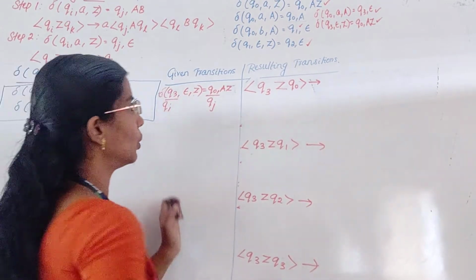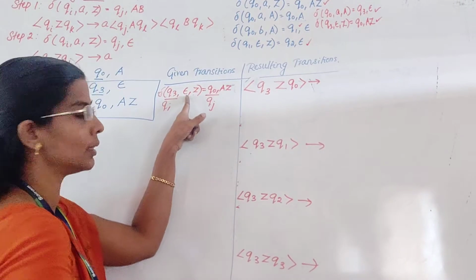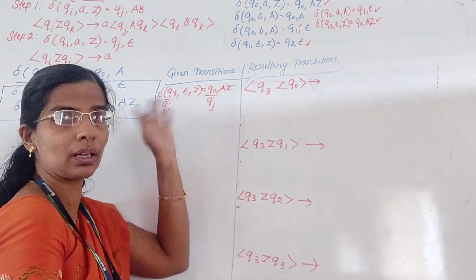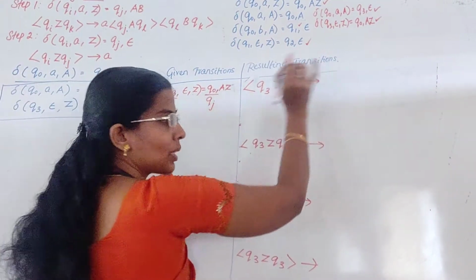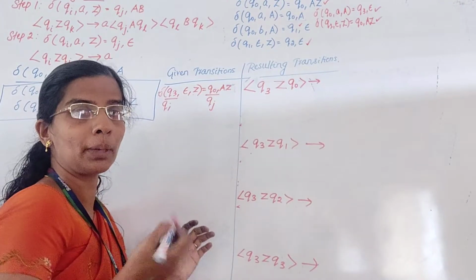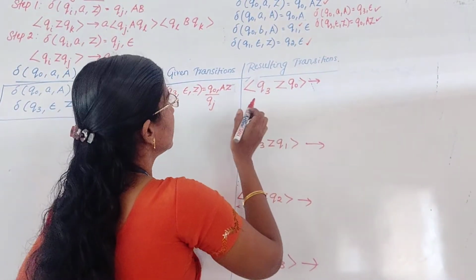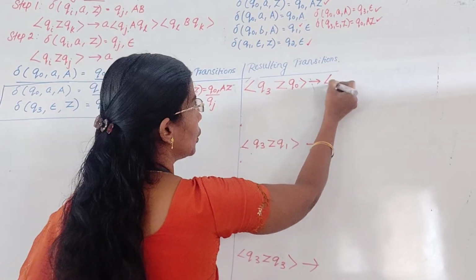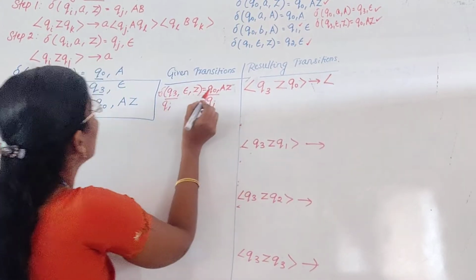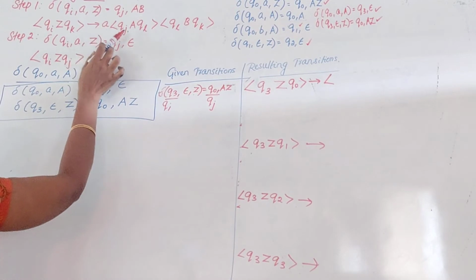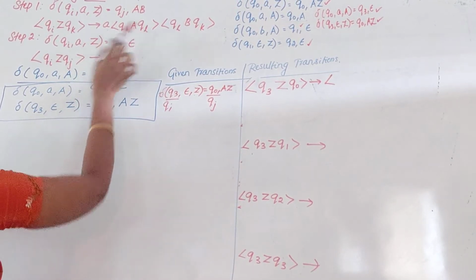So now how to write this? Here the input symbol is epsilon, so no need to write it, because epsilon indicates no input symbol. Next it is Qj. According to the formula, input symbol Qj, A, Ql.